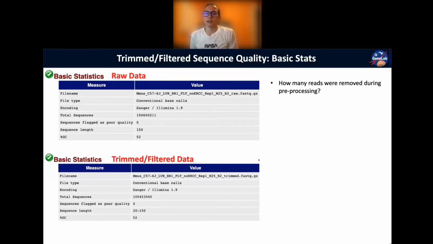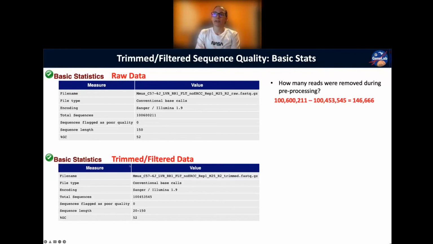Yeah. So the 150K-ish is the right answer, and how we get that is by looking at the total sequences. One of the basic statistics provided by the FastQC algorithm is how many sequences there are. In our raw data, remember, we had a sequencing depth, or total number of sequences, of just over 100 million.